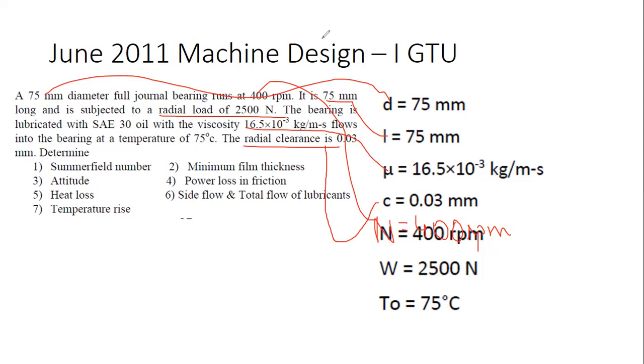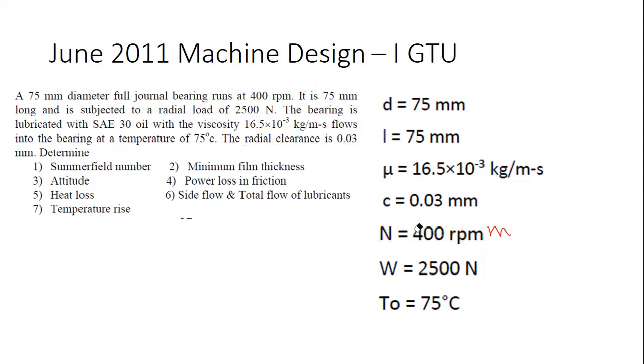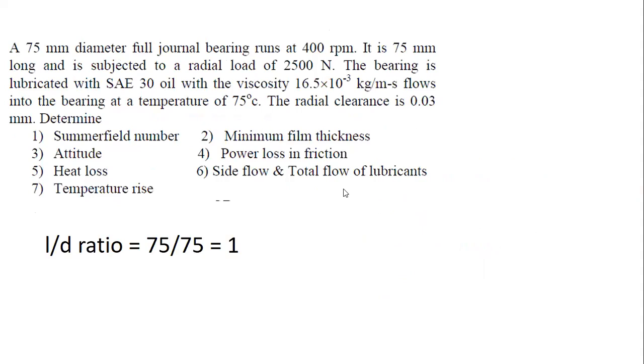Now, moving ahead. So guys, first thing first, you have to find out the L by D ratio. The length of the bearing is 75, the diameter of the journal or shaft is 75 mm.